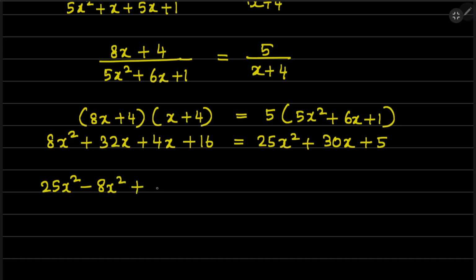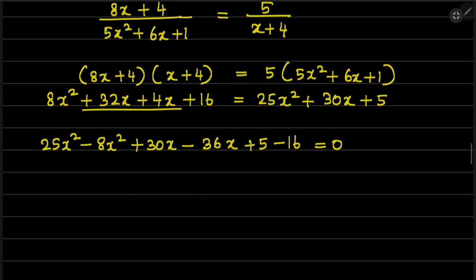And then plus 30x and minus, here you have 32x plus 4. So when it goes to the other side, it will become minus 36x, right? 32 plus 4, 36. So when it goes to the RHS, it will become minus 36x. Plus you have a 5 minus 16 equal to 0. So 25 minus 8, it is 17x square minus 6x minus 11 equal to 0.